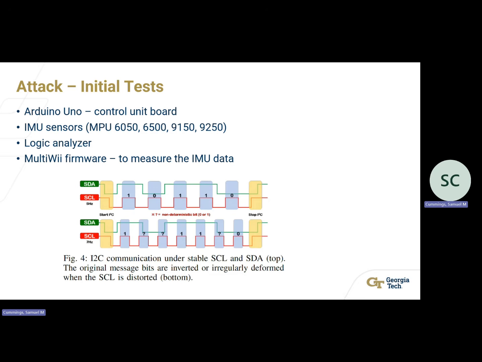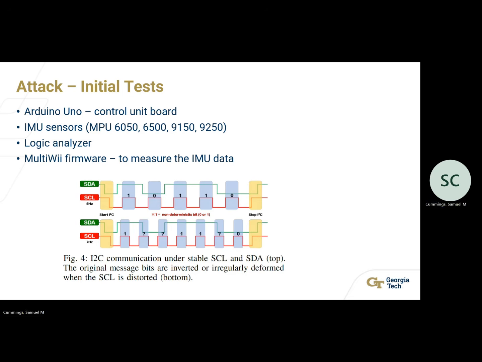And so you can see that the SCL is at 5 hertz and it's very consistent. And then the SDA is also readable. It's working as it should. But below that shows the researchers bumping up SCL to 7 hertz from 5. And even that little jump causes distortions and irregularities where there's non-deterministic bits.